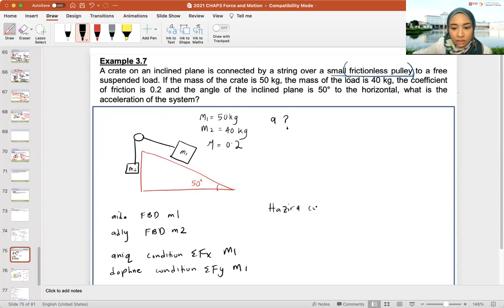Kita nak condition dengan equation ke tak? Kita kasih orang lain lah buat equation. Okay, Hazira condition net in the FX for M2. Ifa, condition net in the FY M2.